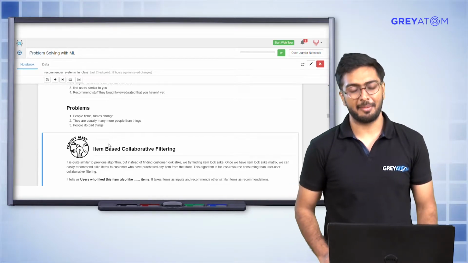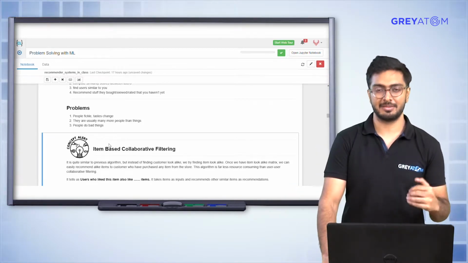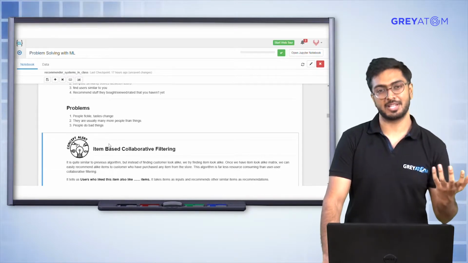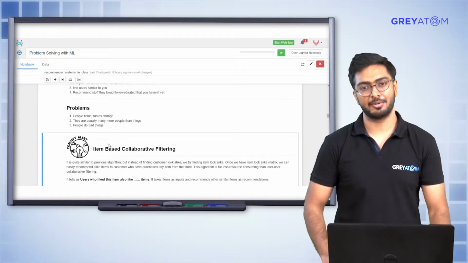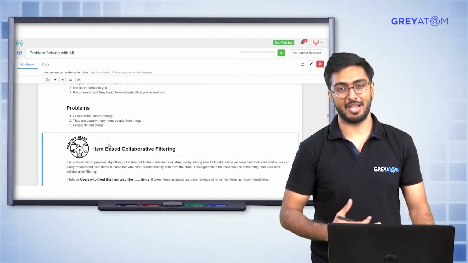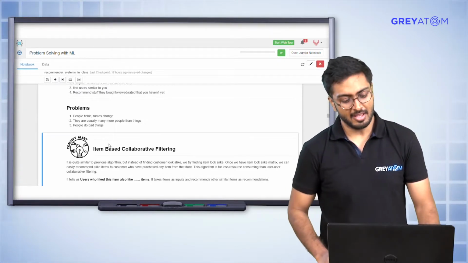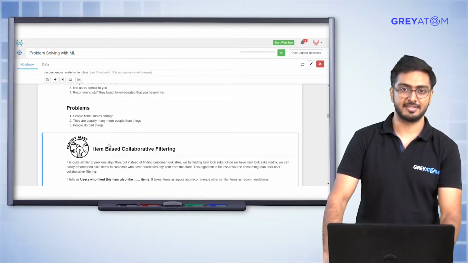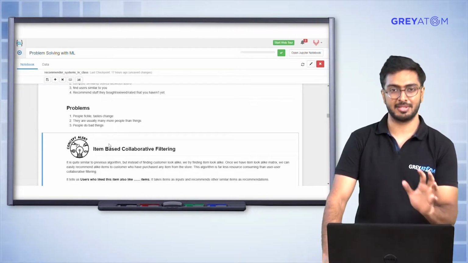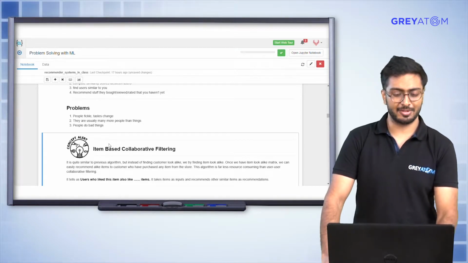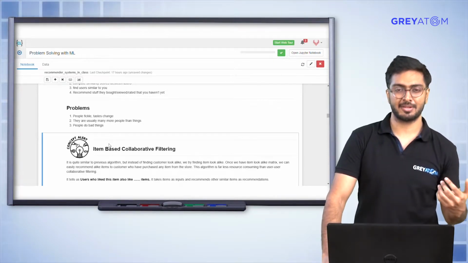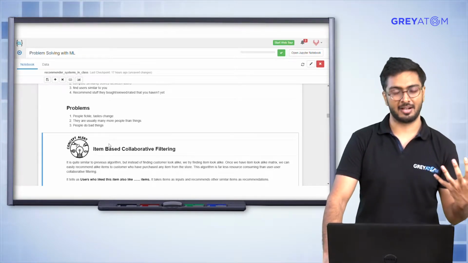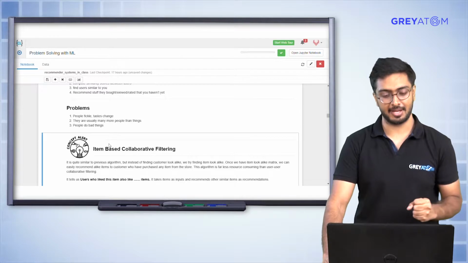So if you're trying to measure user-based similarity, there's a high chance that you would be matched with a bot, and then the choices recommended to you would be absolutely irrelevant. It's very likely that the user would be treated as a bot. So to avoid those problems, user collaborative filtering is something you would not want to do.